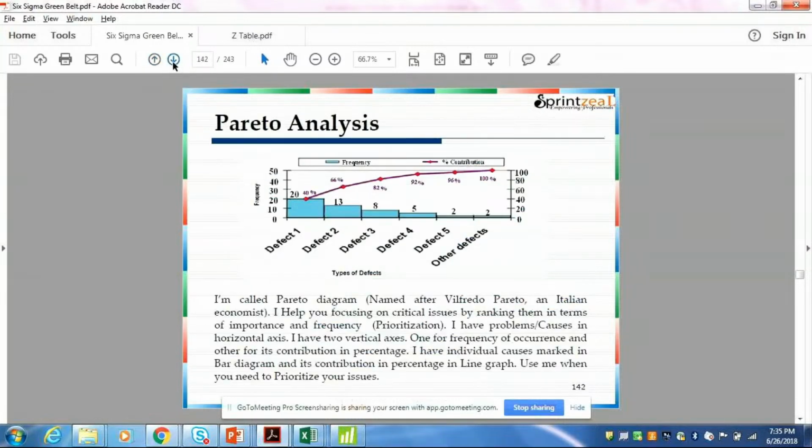Okay, great. Pareto analysis. Pareto is again the vital few, and as I mentioned yesterday, it is named after the Italian sociologist Vilfredo Pareto. Now, there's a funny story. He came out with this Pareto principle, and the analysis that he came out with was that 80% of Italy's wealth was with 20% of people.